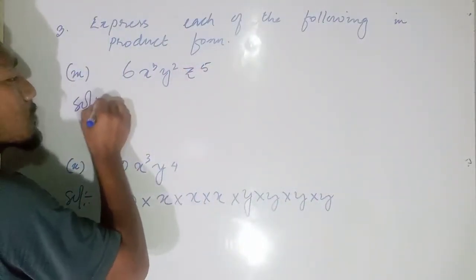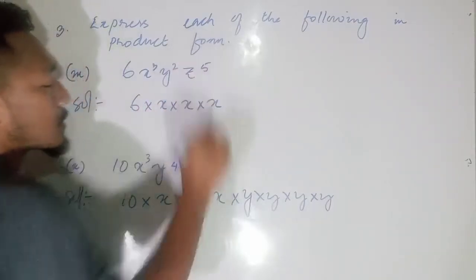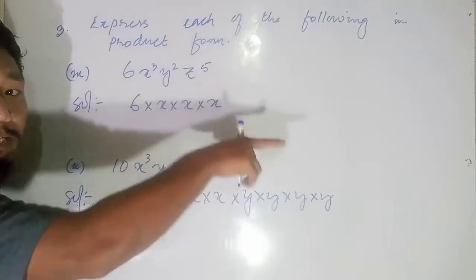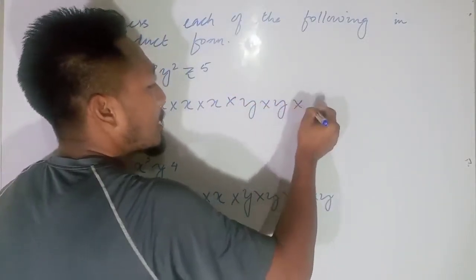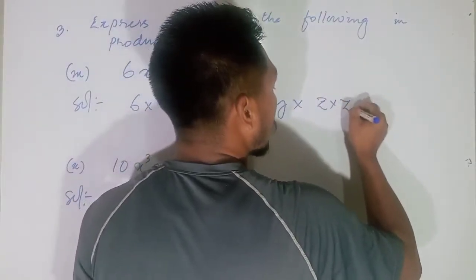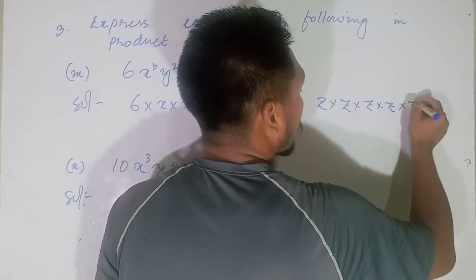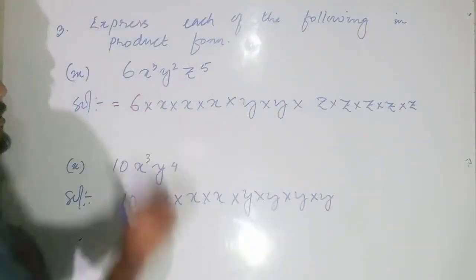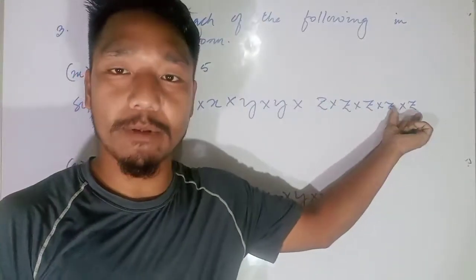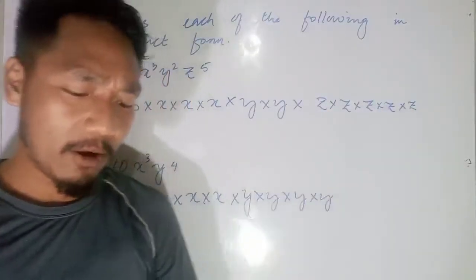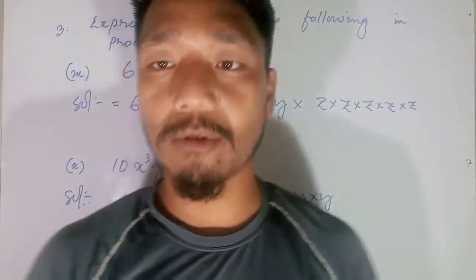Solution: we can write this as 6 into x 3 times, because x cubed means 3 times, and y squared means y 2 times, and z to the power 5 means z 5 times I have to multiply, 1 2 3 4 5. So this is our expression. So all the 3 questions are like this. You try to solve them by yourself.